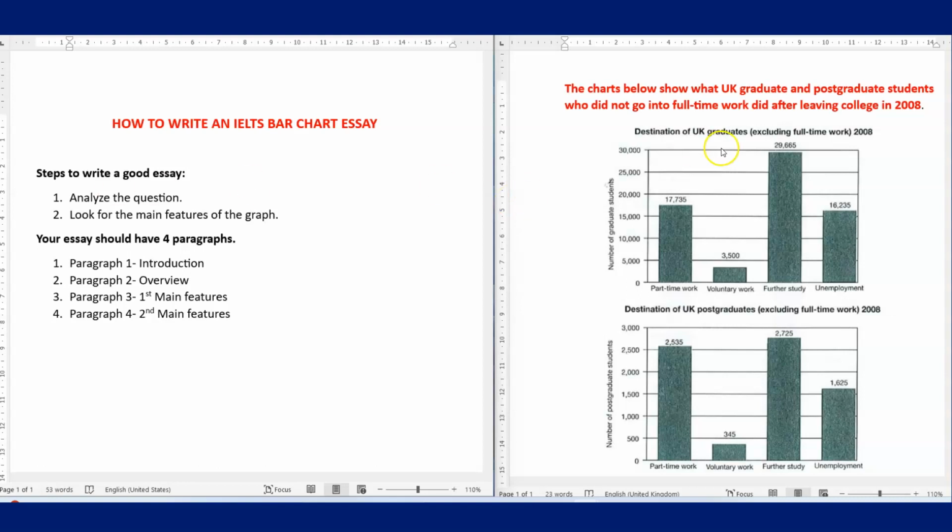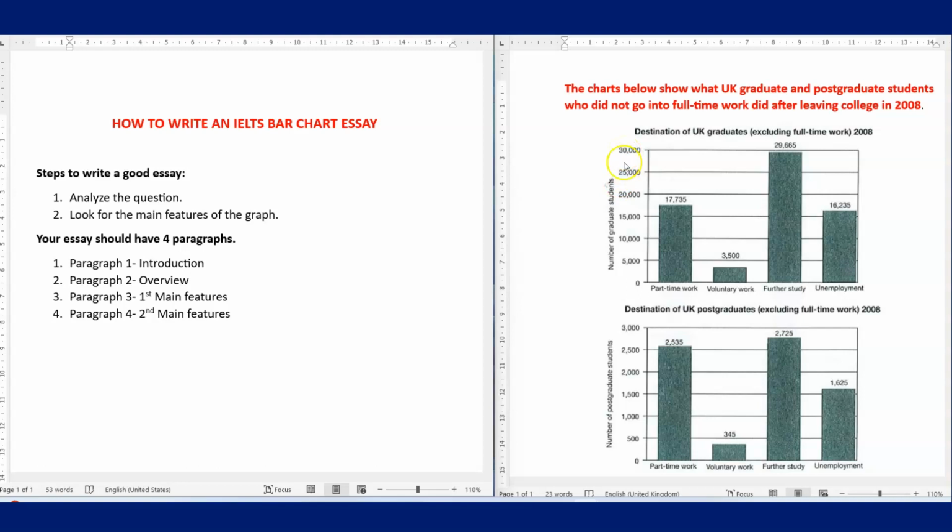So we look at our practice question here. All right, let's read our practice question. It states that the charts, so this is definitely a bar chart, okay? You can see bar charts here, right? If you don't know the types of questions, you can reflect on our previous lessons and find the types of questions.